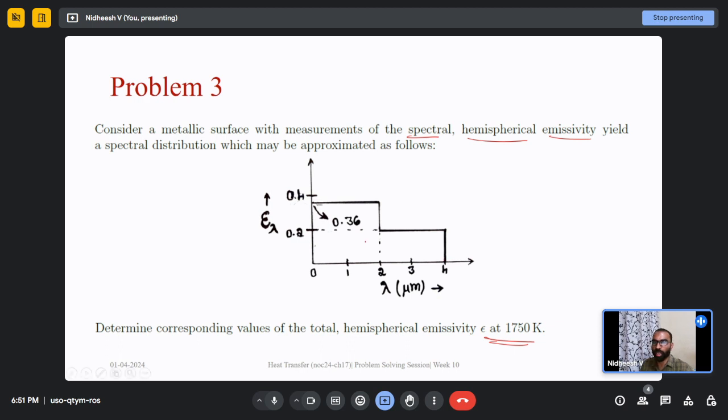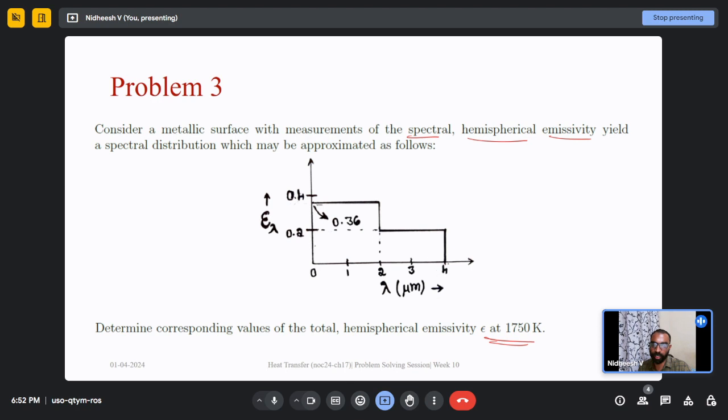On the vertical axis we have the corresponding emissivity for each wavelength. For radiation between 0 and 2 micrometers, the metallic surface has a constant emissivity of 0.36. From 2 to 4 micrometers, the surface has an emissivity of 0.2.